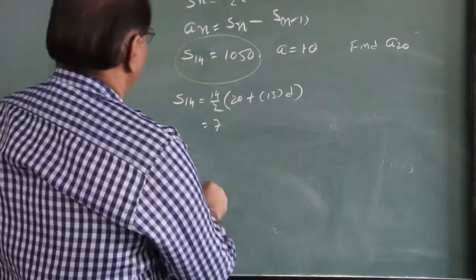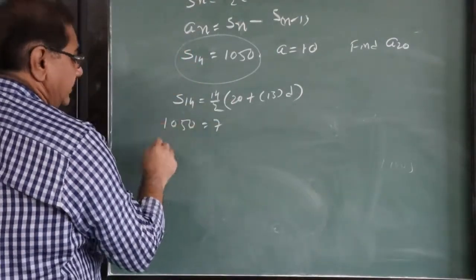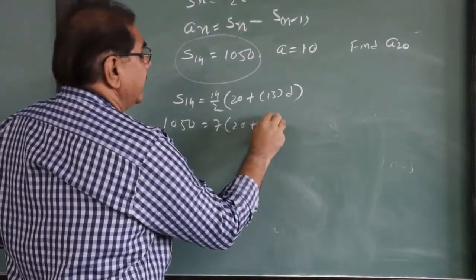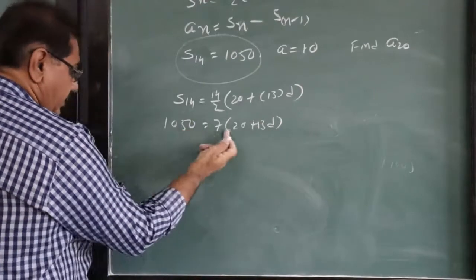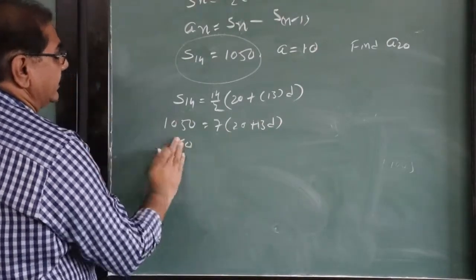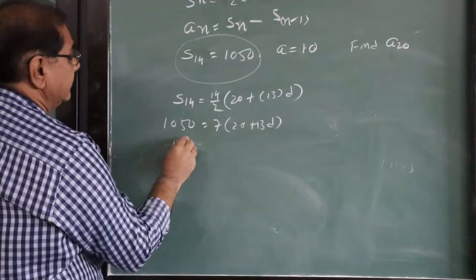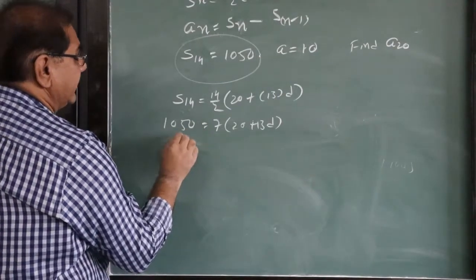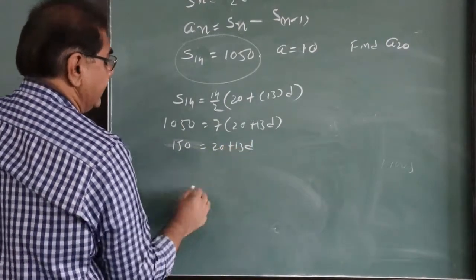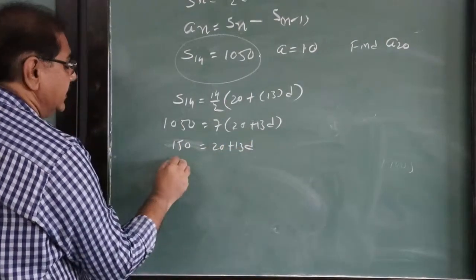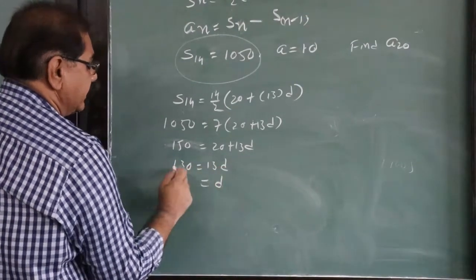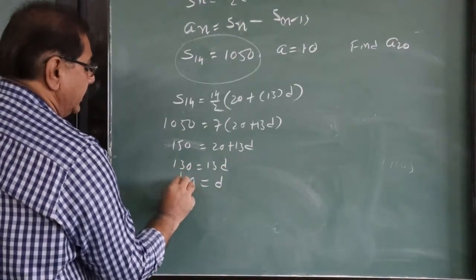S14 is given, 1050. 7 into bracket 20 plus 13D. Now divide by 7. So 150 is equal to 20 plus 13D. 20 is subtracted, so 130 is equal to 13D. So D is equal to 130 upon 13, which is 10.